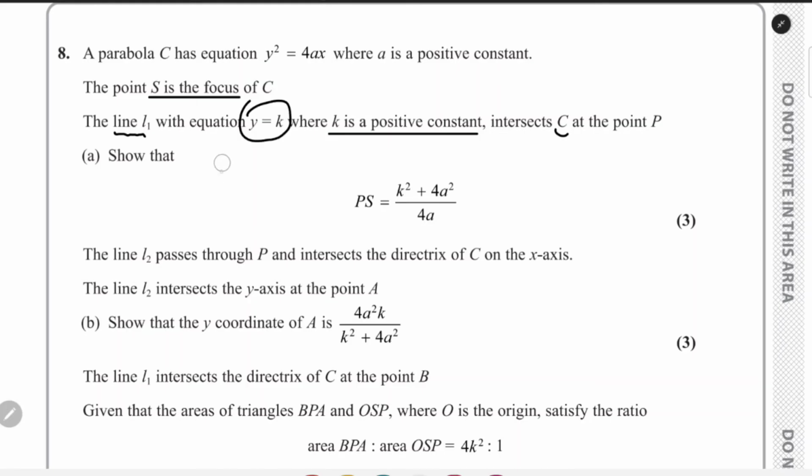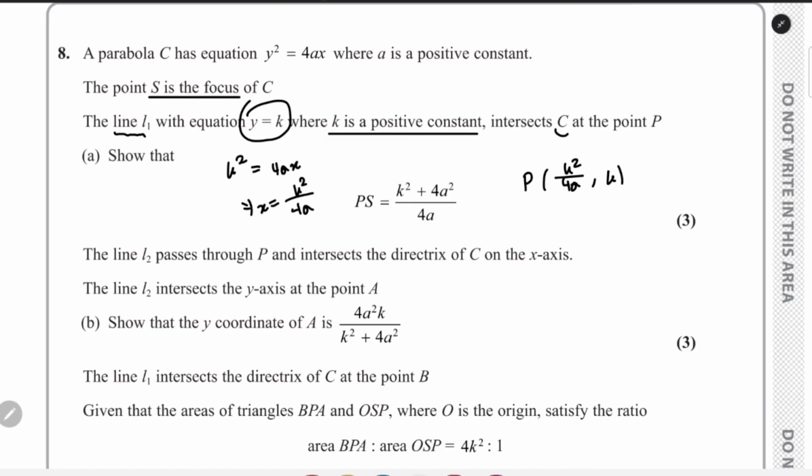So k square is 4ax. We can find the x value as well, which is k square by 4a. So for the point P, the coordinates are (k square by 4a, k).